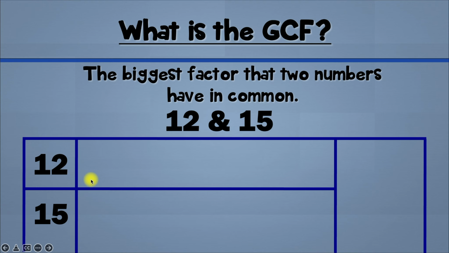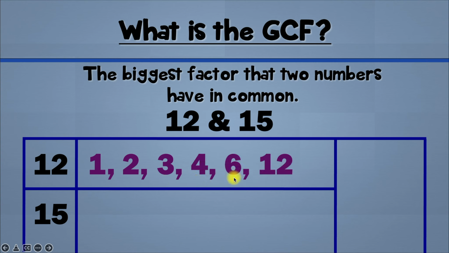So for 12, we got 1, 2, 3, 4, 6, and 12. And for 15, we've got 1, 3, 5, and 15. So what factors do you notice that 12 and 15 have in common, or that are in both rows?